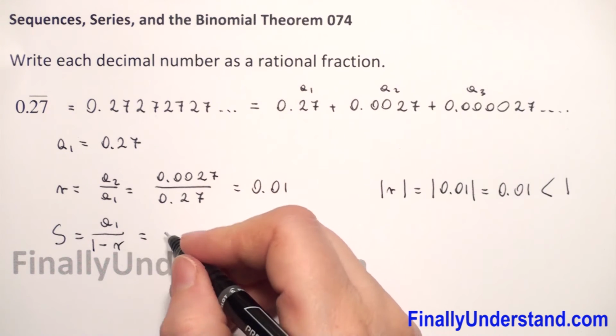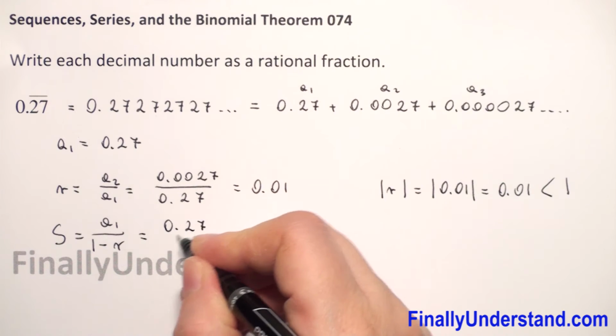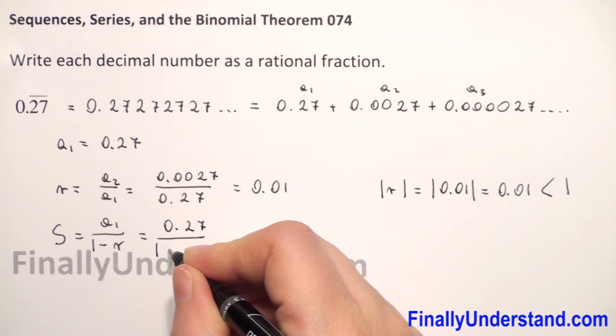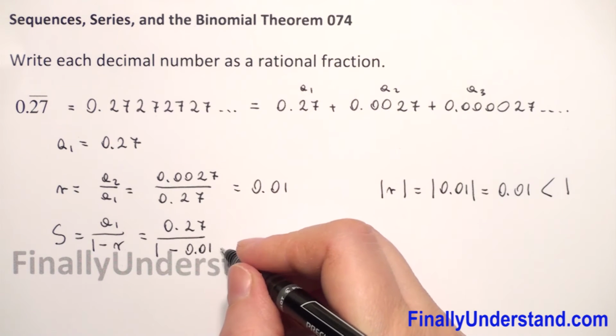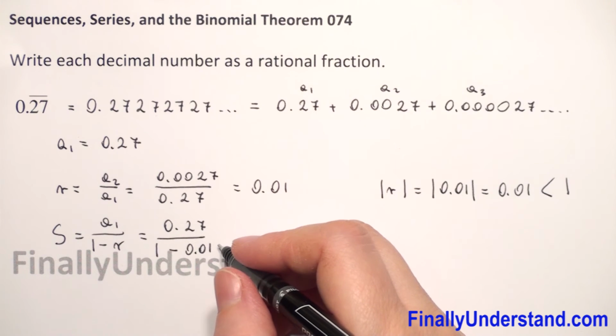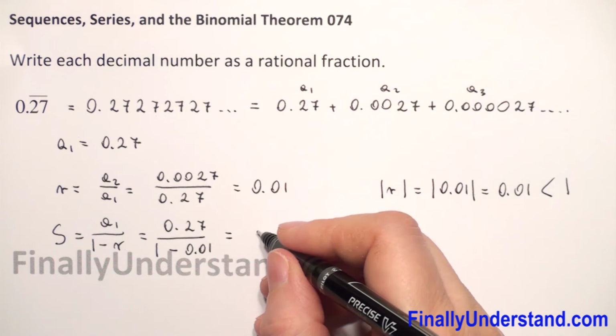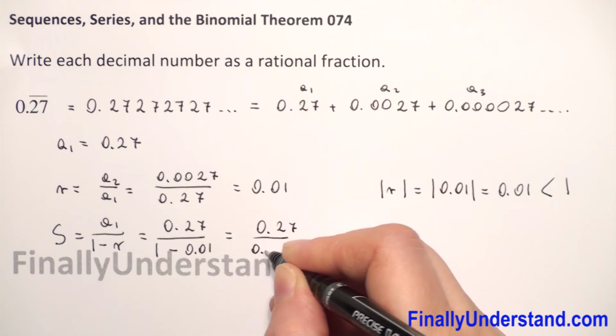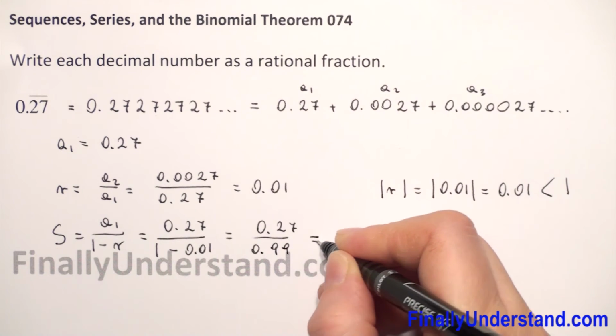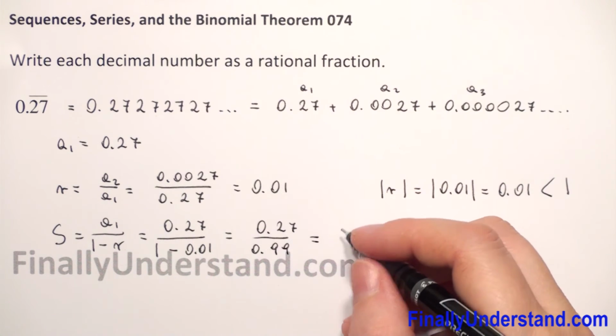S is equal to a1 over 1 minus r. So a1 is 0.27. 1 we copy, minus r, we have 0.01. So this is equal to 0.27 over 0.99. Now we will change these decimal numbers to fractions.